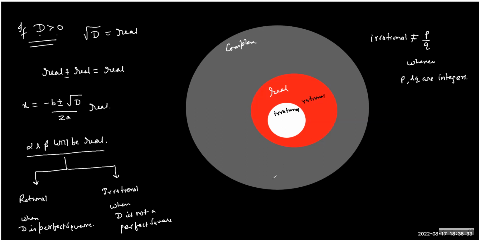I am particularly interested in the irrational roots. If the roots are irrational, they will have a peculiar relationship, a very nice relationship. You know what the relationship is? Can you guess?